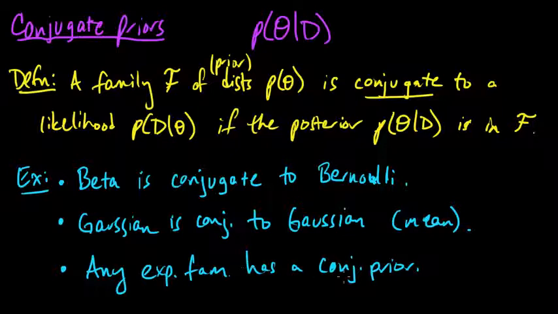So that's a wonderful, a beautiful fact. And in some sense, the converse also holds here. In some sense, any distribution with a conjugate prior is an exponential family under some conditions. So this is just the definition of conjugate priors, and I'll give you some examples in other videos where we'll look at this more explicitly.